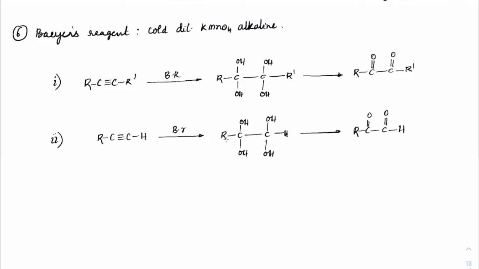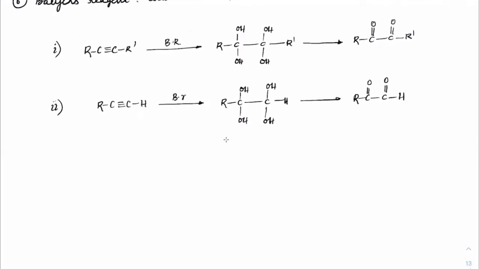Aldehydes can be further oxidized by KMnO4. So again with Baeyer's reagent, it will get oxidized to become RC double bond O, C double bond O, OH. So this will become alpha oxo acids.